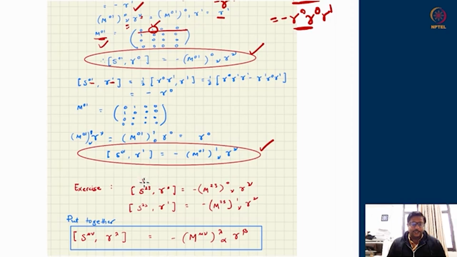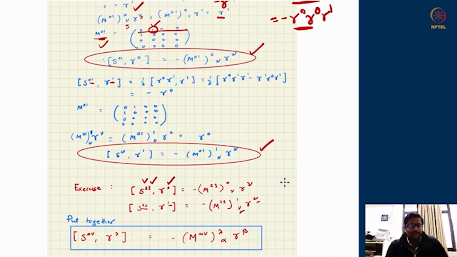If you take alpha equal to 2, beta equal to 3, mu equal to 0, you will get M23 0 nu with summation over nu. And similarly, if you take 2, 3, 1, you will get 2, 3, 1 nu with summation over nu. So you can verify that for all of the terms you are indeed getting this structure.